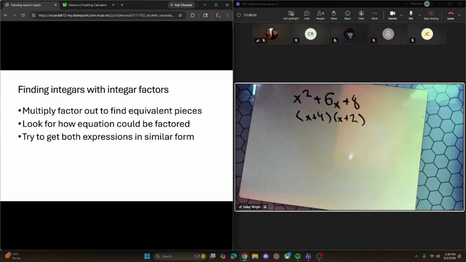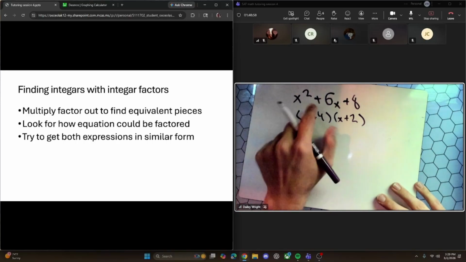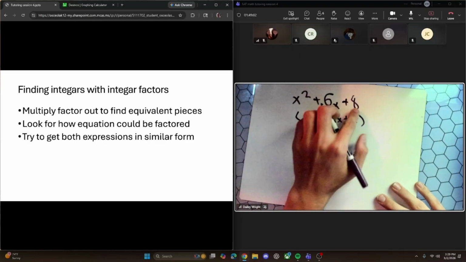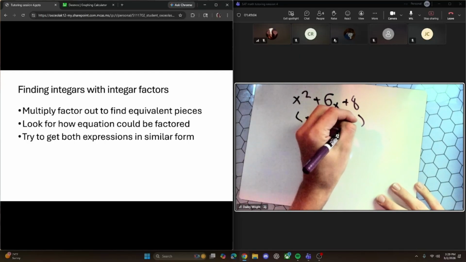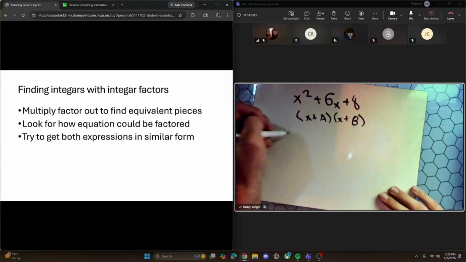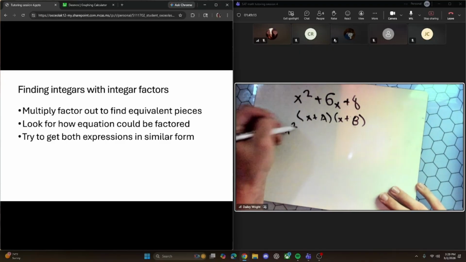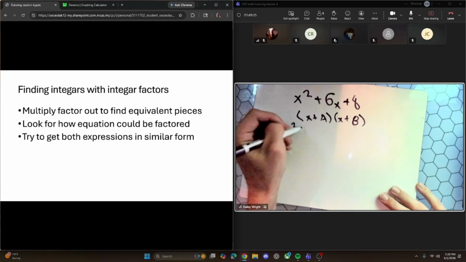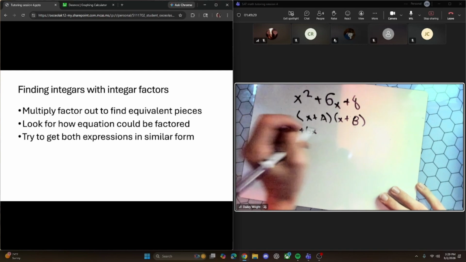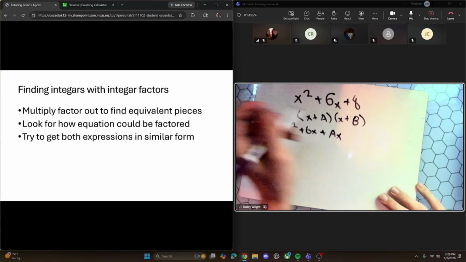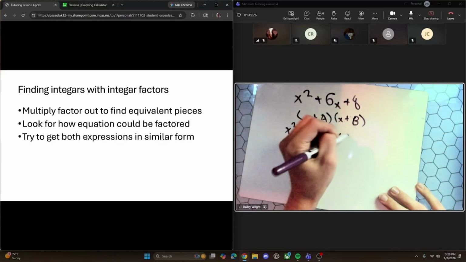On the SAT, they might set these factors equivalent to constants. So it might be like x plus a, x plus b. If you multiply this out, x times x is x squared, x times b is bx, plus a times x is ax, and a times b is ab.